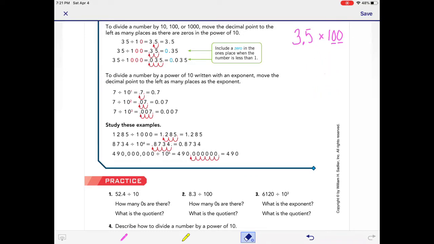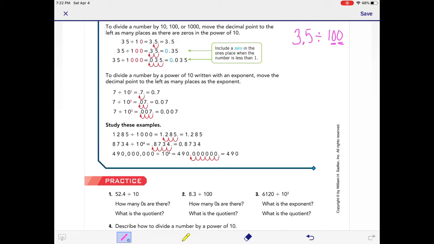Now, today's lesson is going to be something very similar, but we are going to change the multiplication sign to division by a power of 10. Again, powers of 10 being 10, 100, 1,000, 10,000. If you divide by a power of 10, you look to see how many zeros there are. There are 2. But we're dividing, so dividing makes things smaller. Multiplying makes things bigger, so we move right when we multiply.